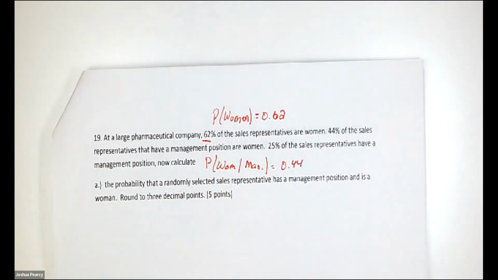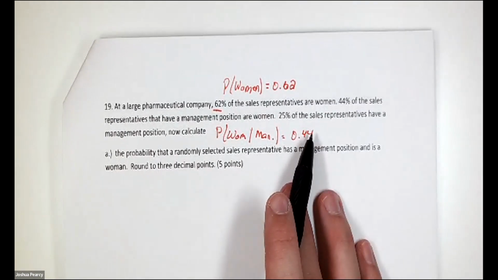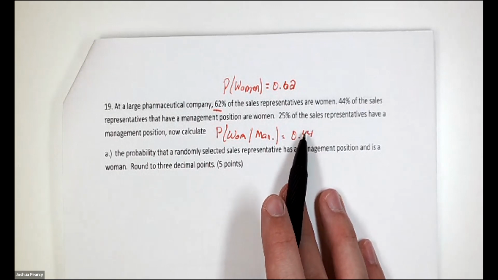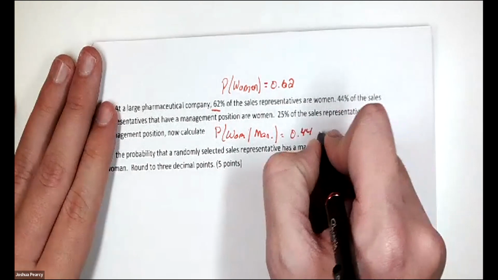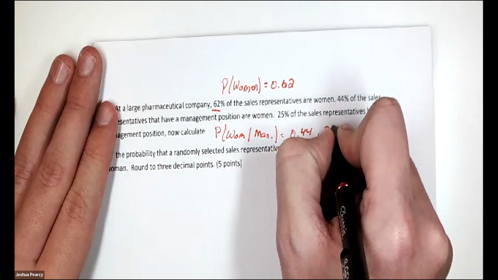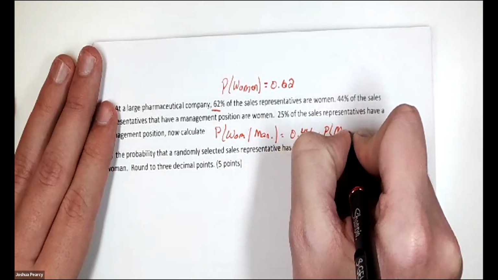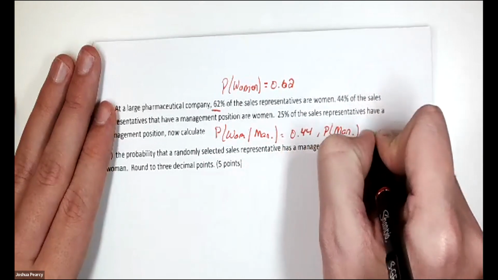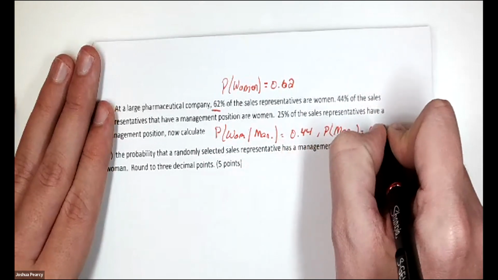That's the tricky part. This last one is easy to interpret. The percentage of management positions. So the probability of a management position is just 25%. So the probability of manager is 25% or 0.25.